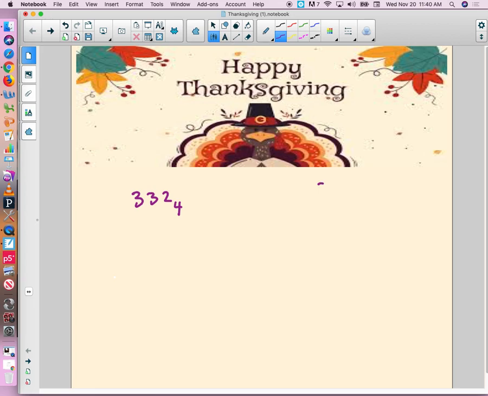So what if you have 332? If there's not a base, it's understood to be base 10, right? That's because you have 3 hundreds, 3 tens, and 2 units. That's how bases work. You have the units digit, 10 to the 0. You have the tens digit, 10 to the first.